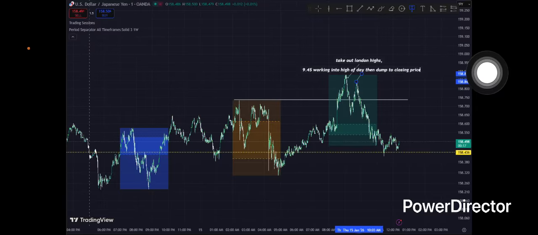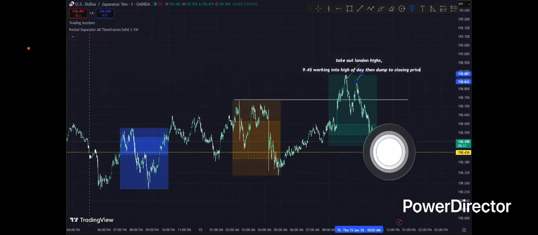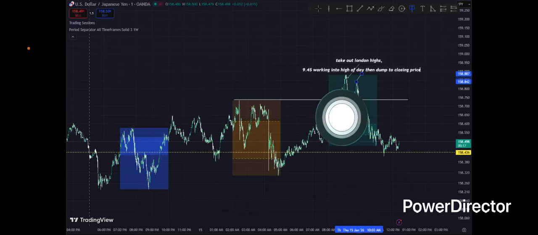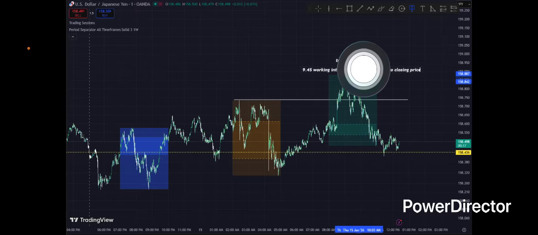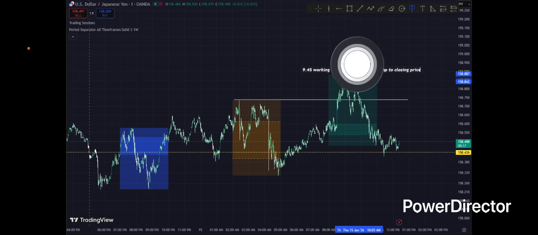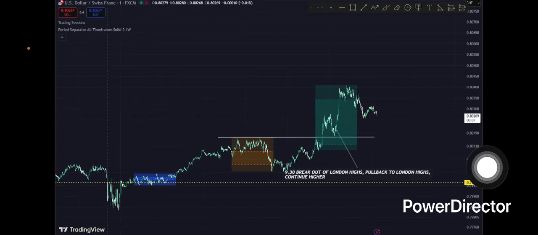Here's the US dollar, Japanese yen. We're also going to look at one continuation example just because it was a nice chart, but this is the US dollar, Japanese yen. Again, low of the day, high of the day coming into New York. We break out of those London highs, breaking out of the current high of the day, and then reversing and dropping from high of day to closing price, okay, back into these London lows, high of session to low of session, from level to level.